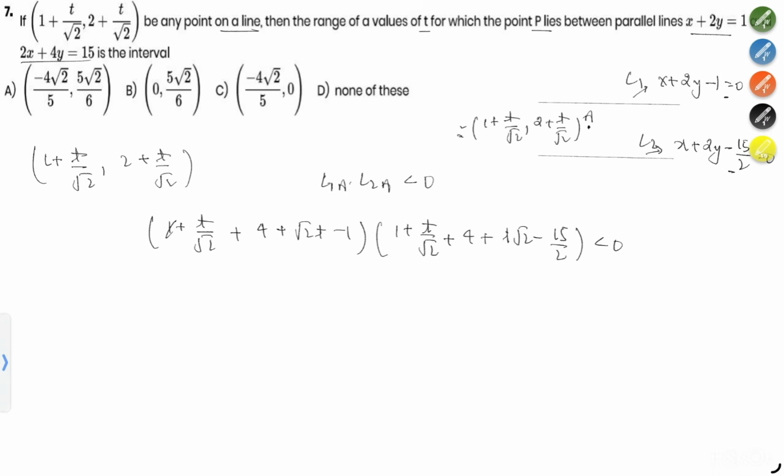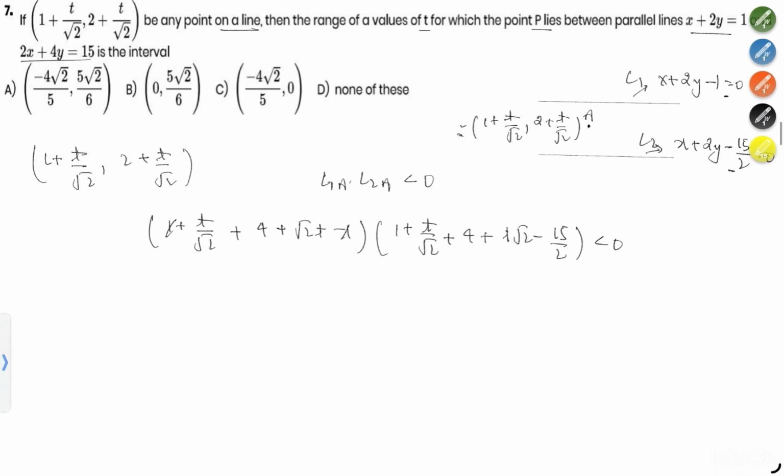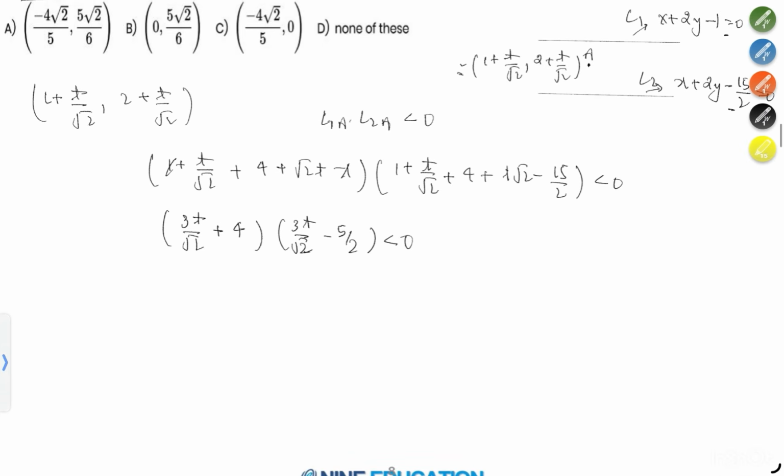Now this 1 and 1 get cancelled out, and if we simplify this completely, we will get (3t by root 2 plus 4) times (3t by root 2 minus 5 by 2) should be less than 0. Now assume 3t by root 2 is some x. It has two roots according to this condition: one is 5 by 2, the other one is minus 4.